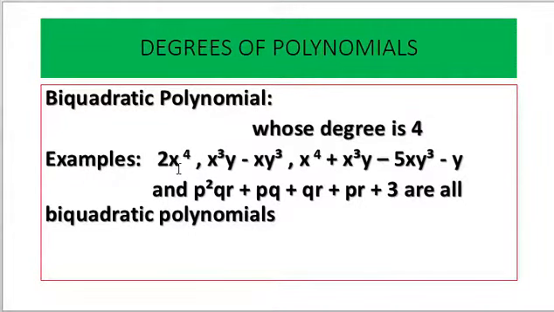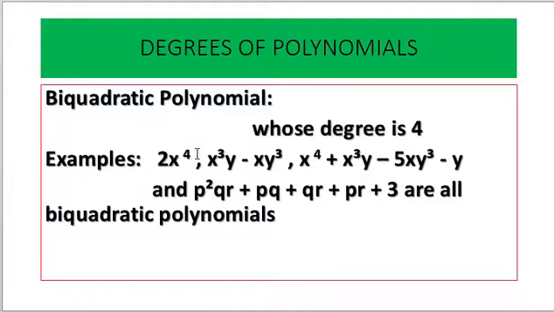For example, 2x raised to power 4, x raised to power 3y minus x raised to power 3, then x raised to power 4, x raised to power 3y minus 5, x raised to power y3 minus y, and 2 raised to power 2 qr plus pq plus qr plus pr plus 3 are all biquadratic polynomials.